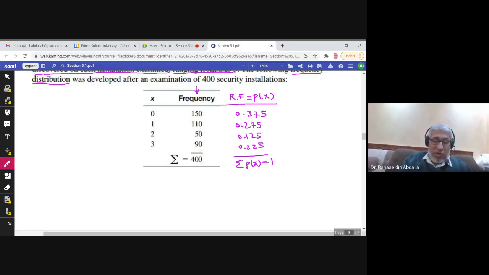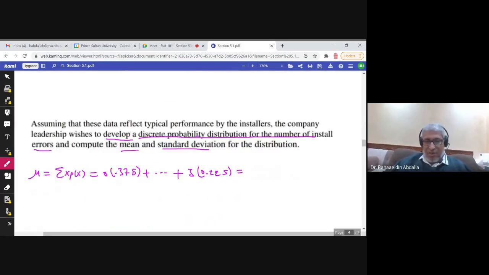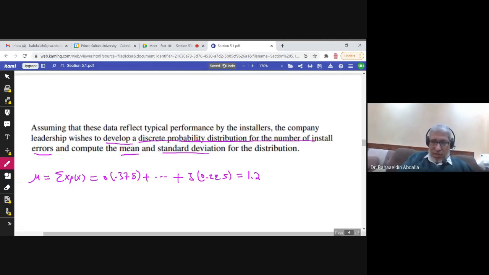And then you press on and then shift stat and you ask for variance and number 2, x bar, which is mu in this case, 1.2. So the expected number of errors is 1.2. This is the expected number of errors every time he checks the installation.